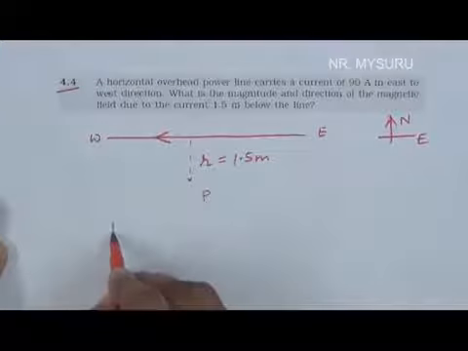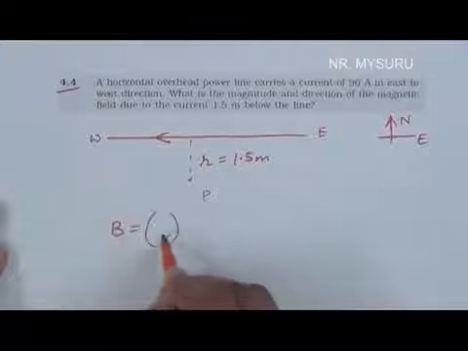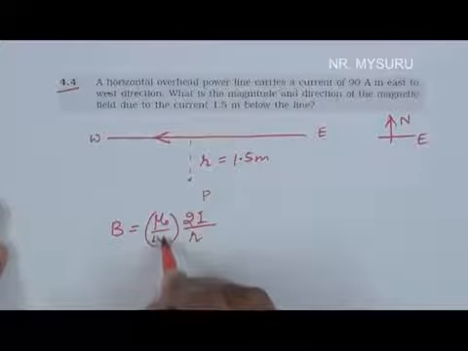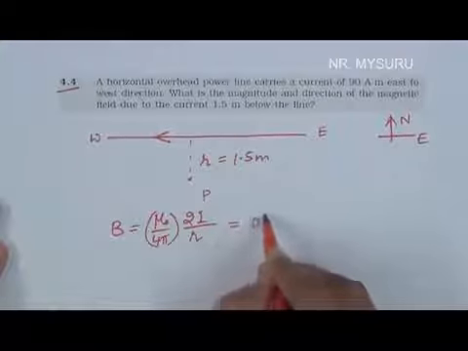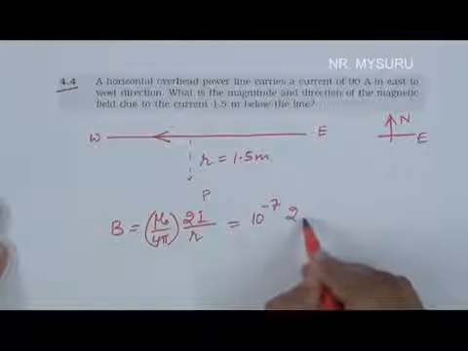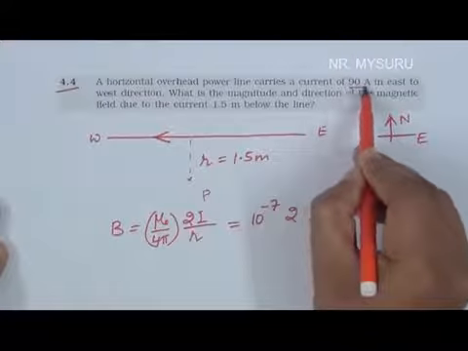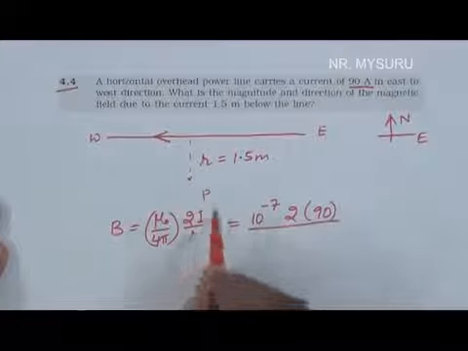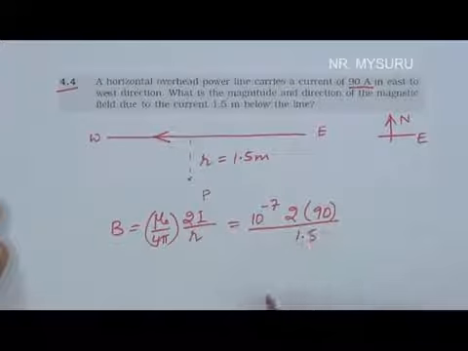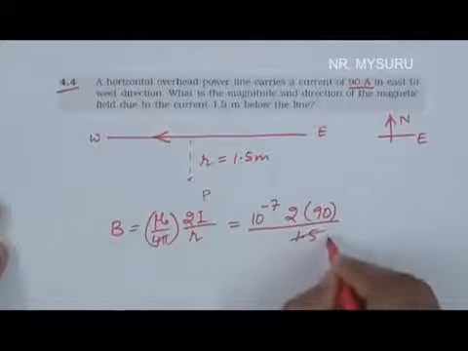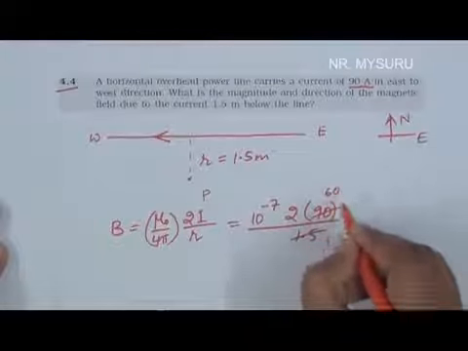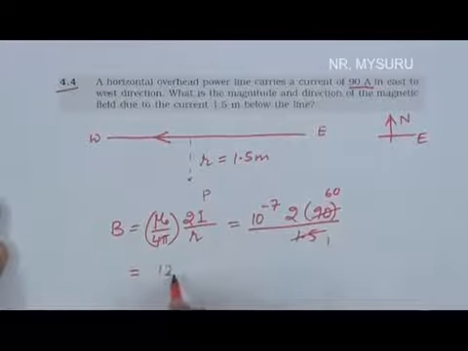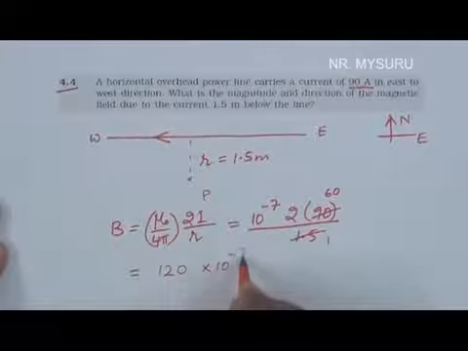So magnetic field is given by constant × 2I by r. This constant is μ0 by 4π, which is 10 power minus 7 times 2, current is 90 ampere, 90 divided by r 1.5, equal to 120 × 10 power minus 7.